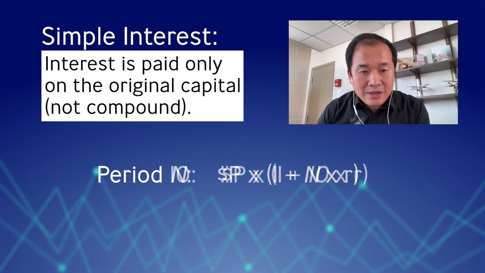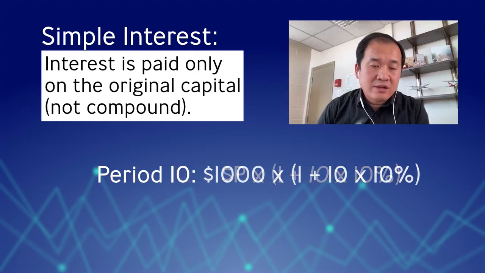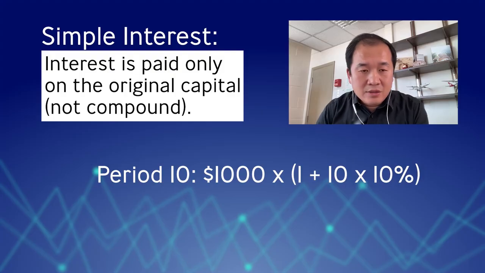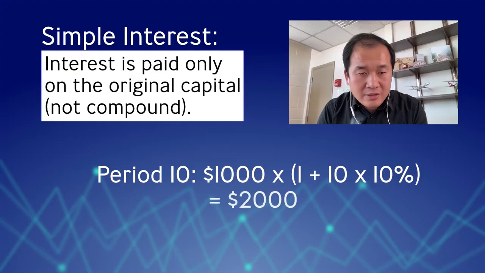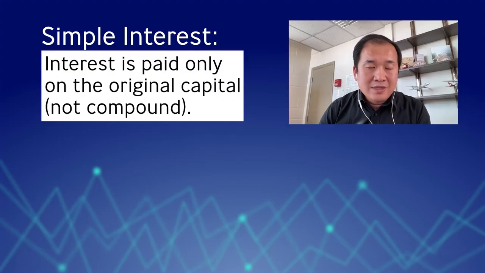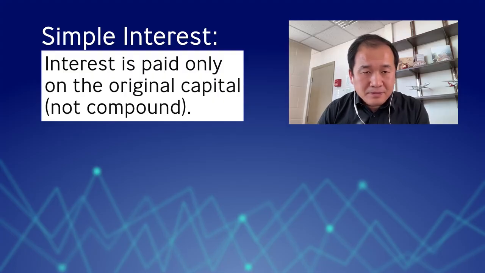Here N is 10 years, r, remember, is the nominal rate, 10%, and P is $1,000. So 10 years later, the total amount of interest you made is $1,000, and the total amount of capital you will have is the interest, $1,000, plus the initial capital, $1,000, so you will have $2,000. The total return is $1,000. So this is a case of simple interest.